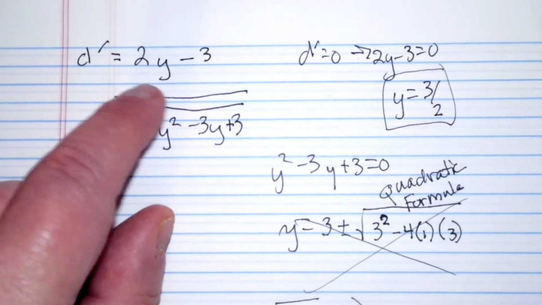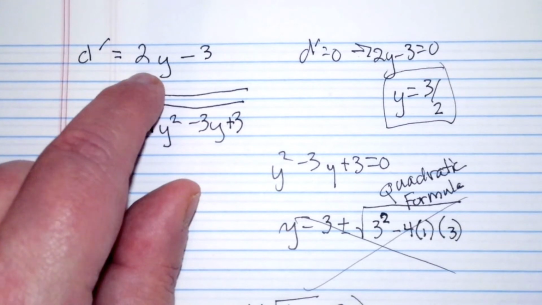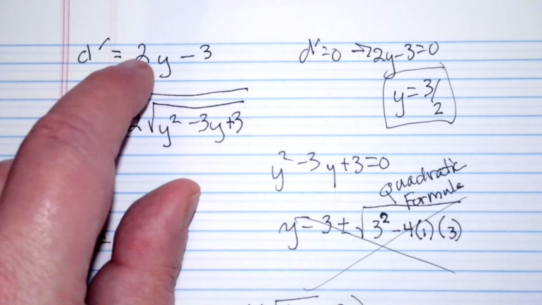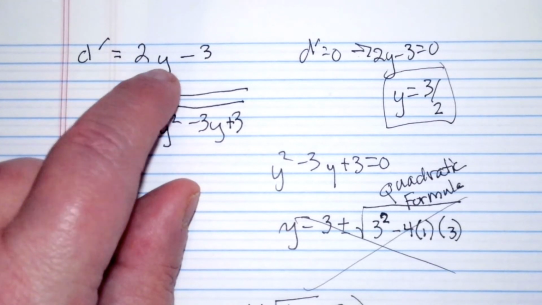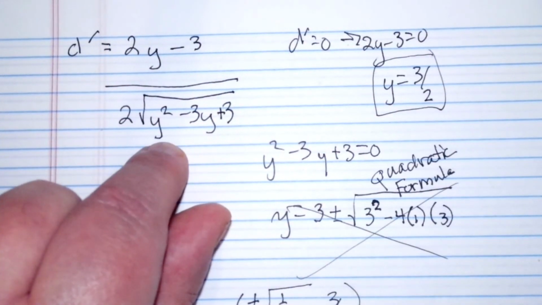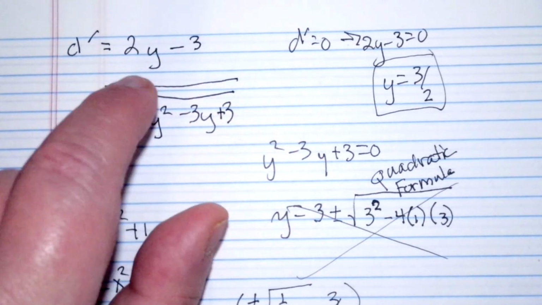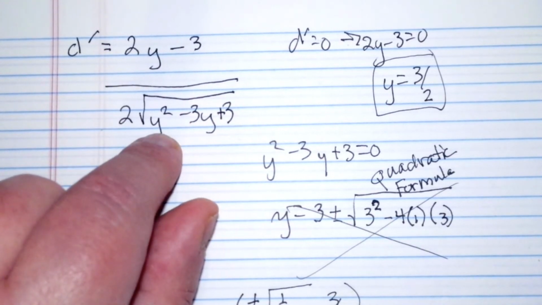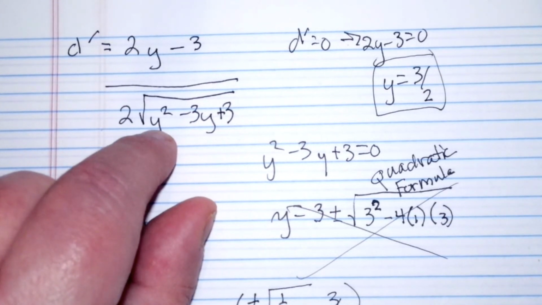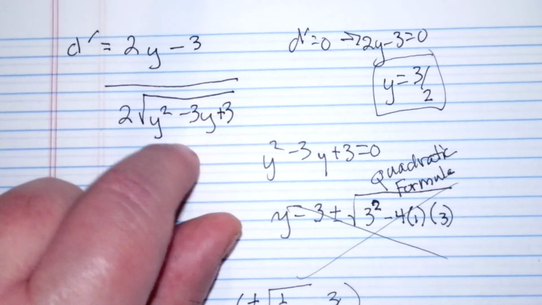So when y is 1, what is d prime? Well, the numerator is going to be negative. It looks like it'd be 2 minus 3, so that'd be negative. Now, if the denominator is defined, it's going to be positive because of this radical. It's the principal square root. So if we put in a y of 1, 1 minus 3 is negative 2 plus 3 is 1.